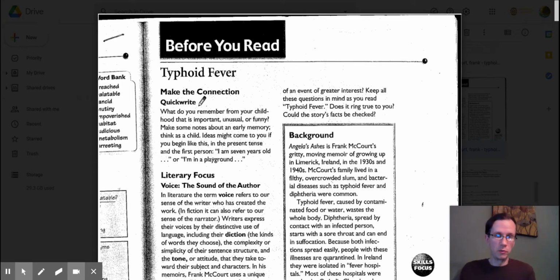While you read, keep an eye on point of view. Which point of view is it written in? How does that help the story? Another element to look at is the theme, the message. What is the writer trying to convey to you? Keep those in your mind as you take a look at this.